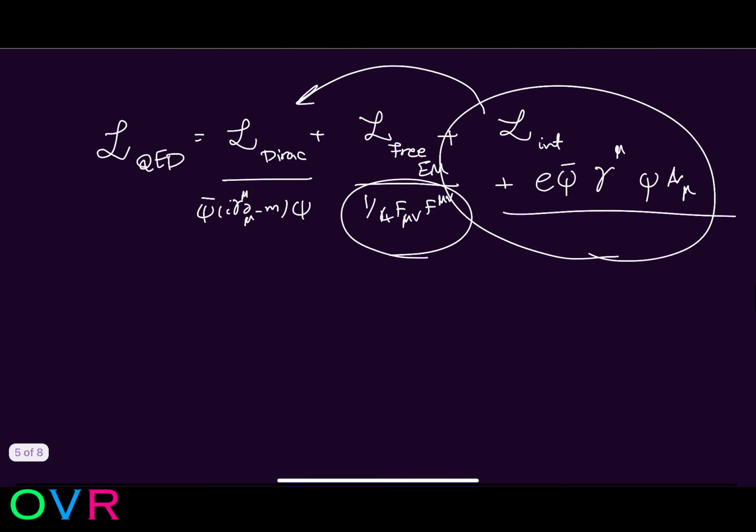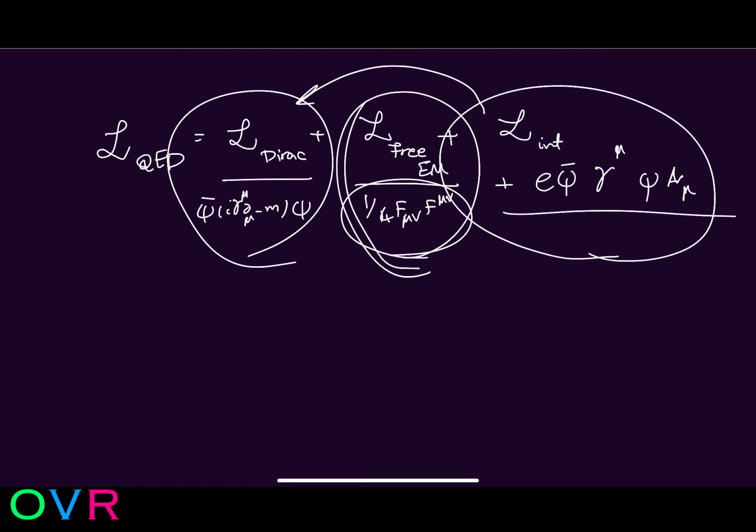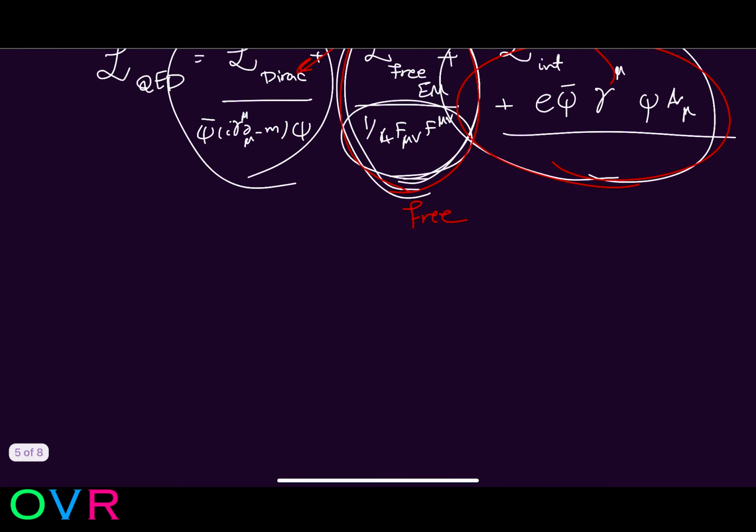We can absorb this term into the first term and define a covariant derivative. If we absorb the last term into the first term, we can have 2 free Lagrangians, because this red one is free. And if we add this term into that term and define the covariant derivative, then we are talking about a free fermionic field, but with the background of the geometry of the electromagnetic wave. I can write down the Lagrangian like this.